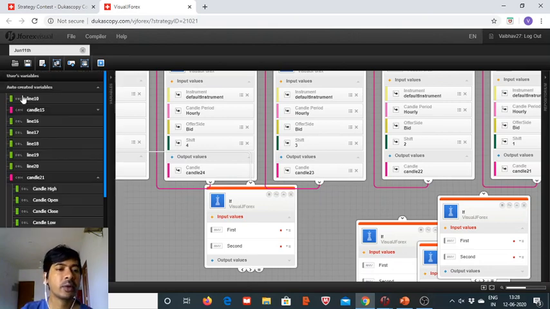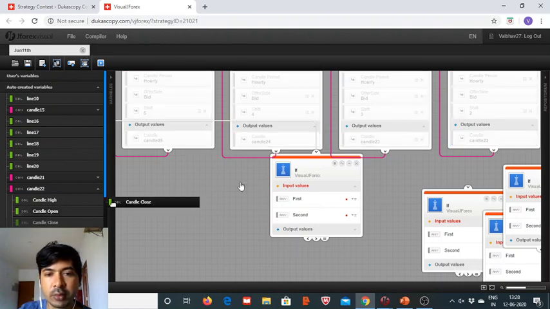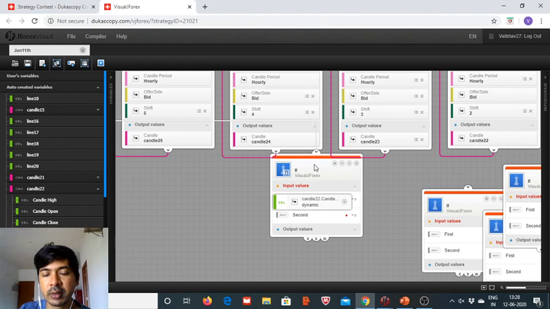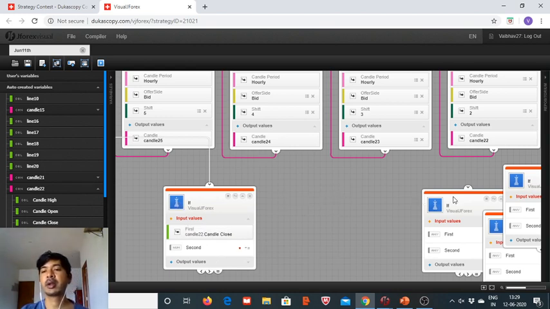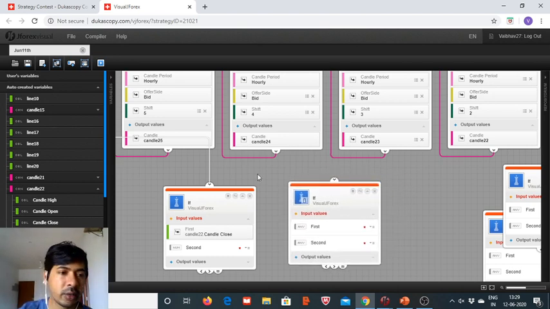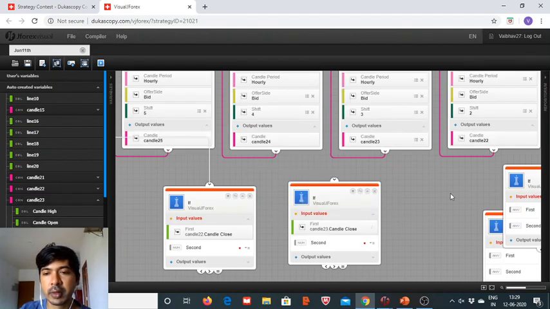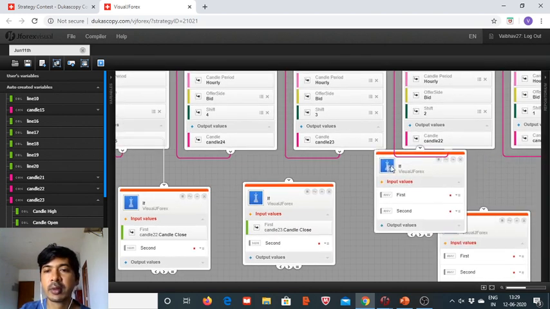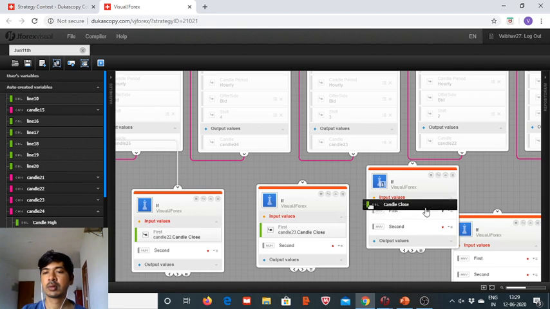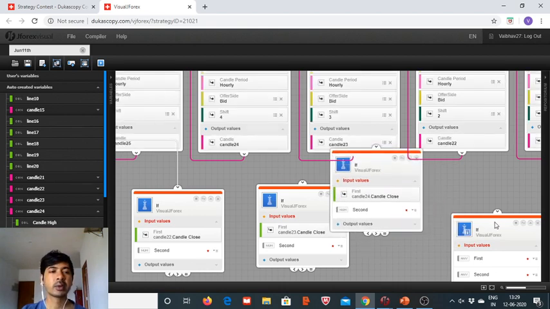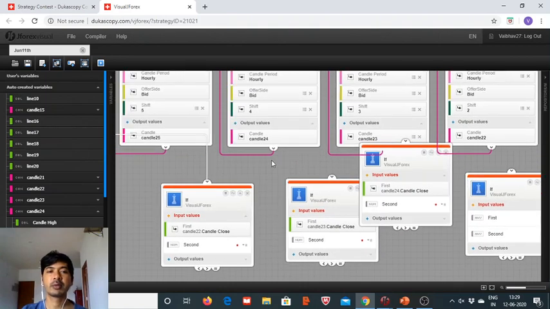So we now take candle 22's closing level, candle close, okay, and then candle 23's close, and then comes candle 24's close, and candle 25's close.